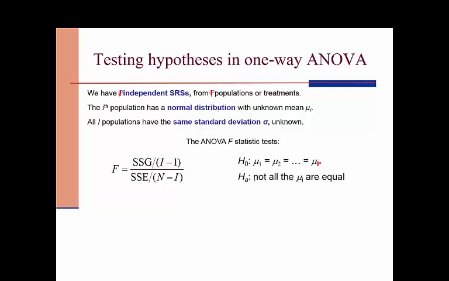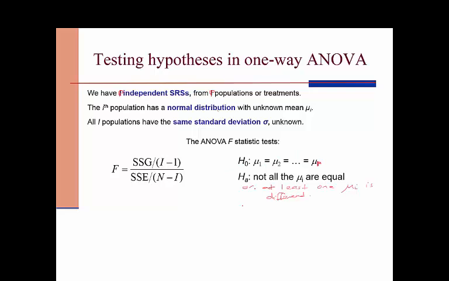The alternate hypothesis is going to be written in words, and it says not all of the mu i's are equal, or at least one mu i is different than the rest. They don't all have to be not equal to each other.